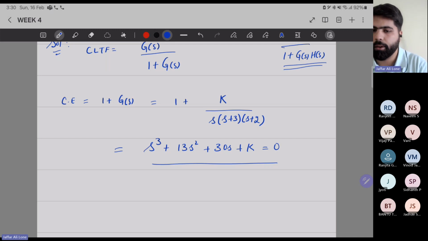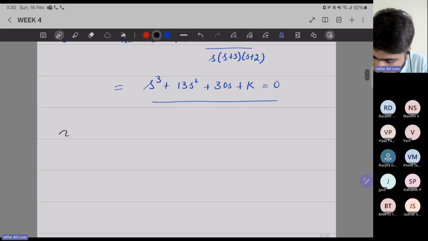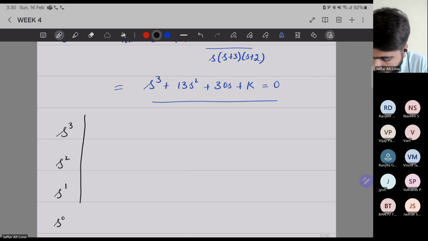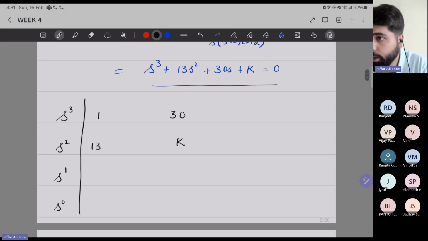So we will now be checking the stability using the Routh-Hurwitz criterion of this characteristic equation. Okay, so our first task is we'll just write s cube, s square, s1, and s naught. Then we'll write the coefficients. It will be 1 and 30. It will be 13 and K. Correct?